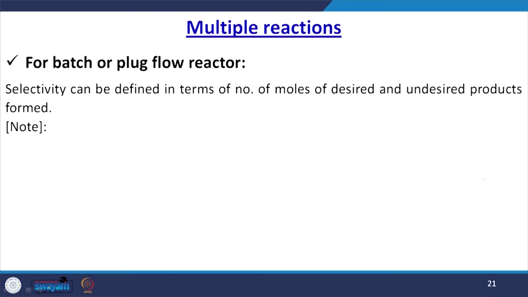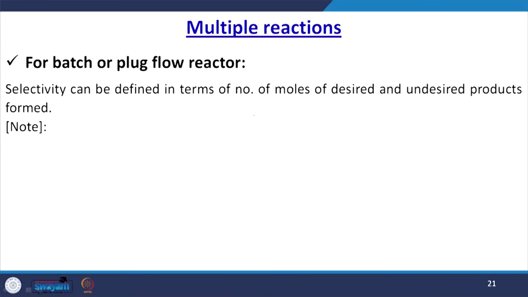Now sometimes you may look into the batch or plug flow reactor selectivity. This can be defined in terms of the number of moles of desired and undesired product formed. So let us look at this for a batch or plug flow reactor.